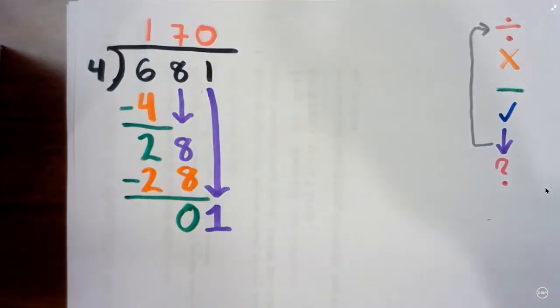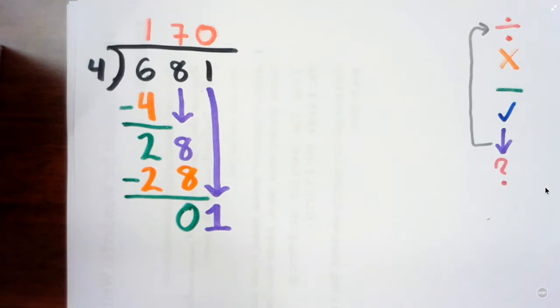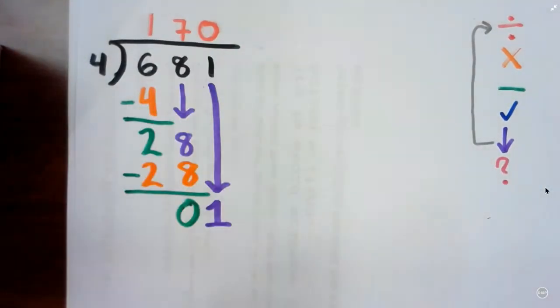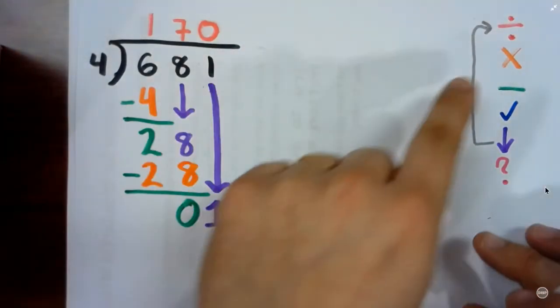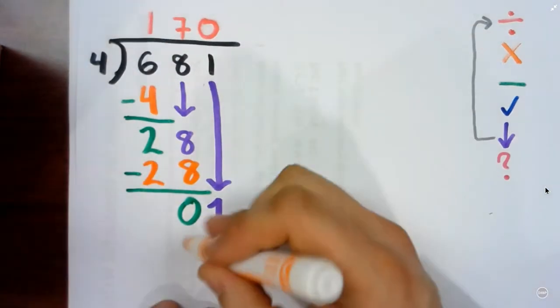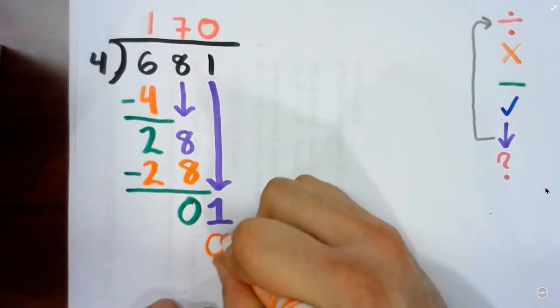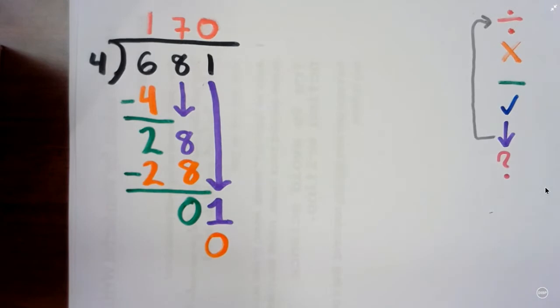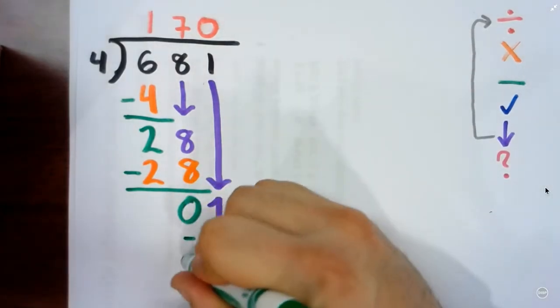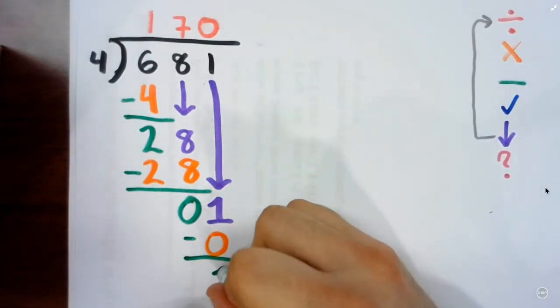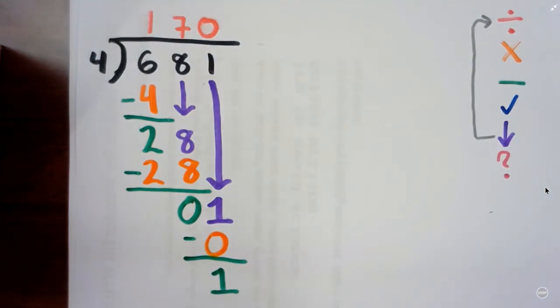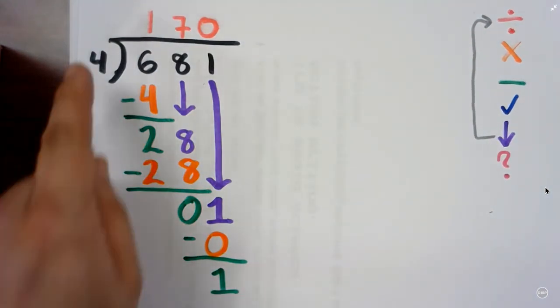We've got 170. So I've divided. 4 goes into 1 0 times. And now I'm going to multiply. 0 times 4 equals 0. Time to subtract. 1 minus 0 equals 1. Can 4 go into 1?